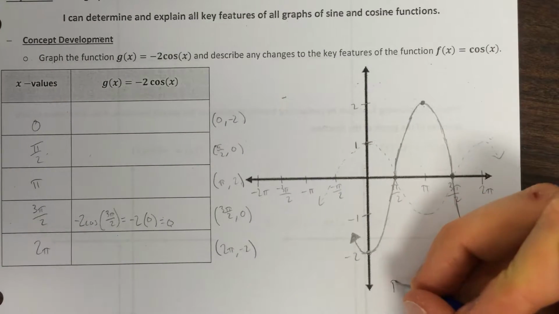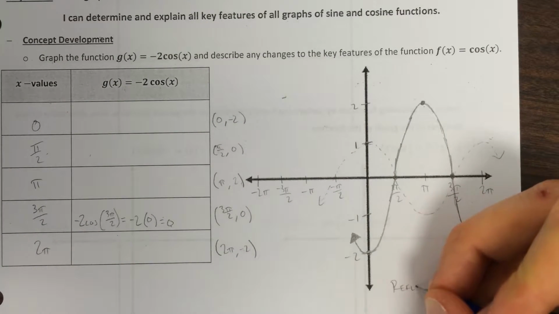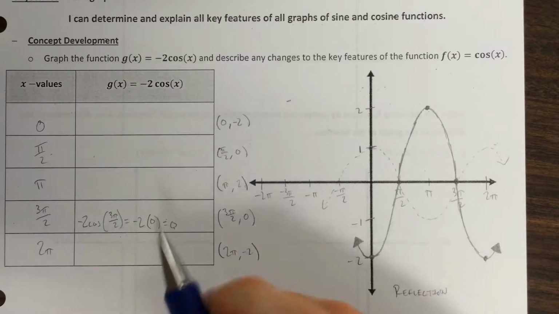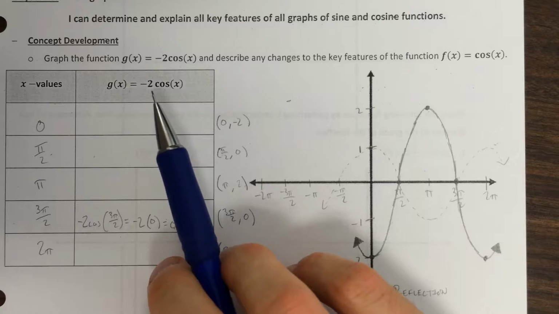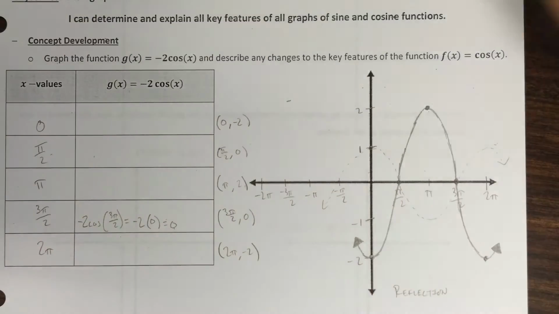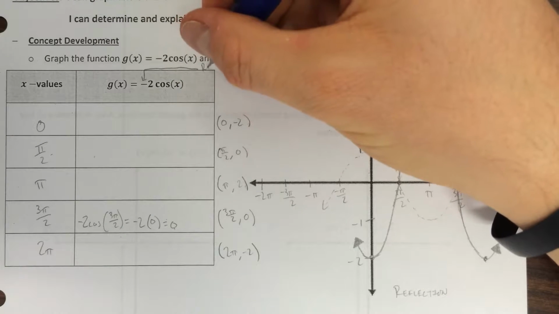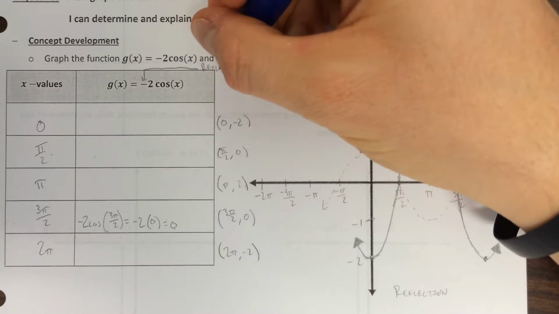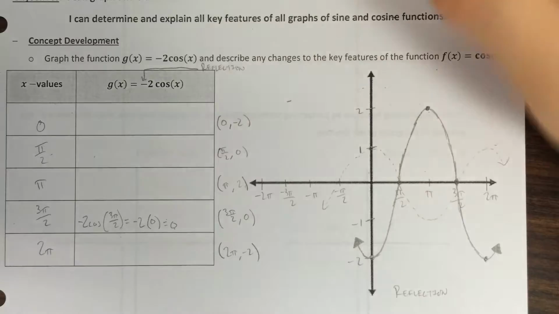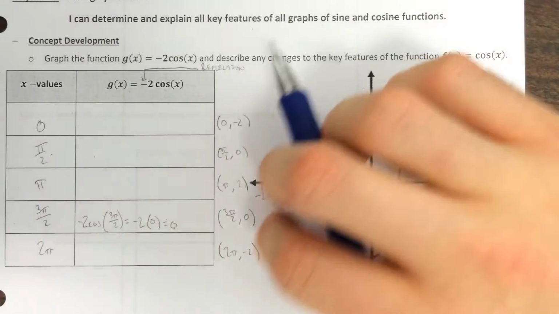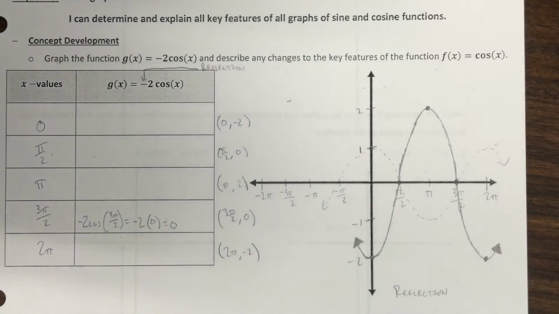We actually had a reflection. And if we look at our actual function, the reflection comes from this negative value. In other words, if we multiply our parent function by a negative, that's going to cause a reflection.